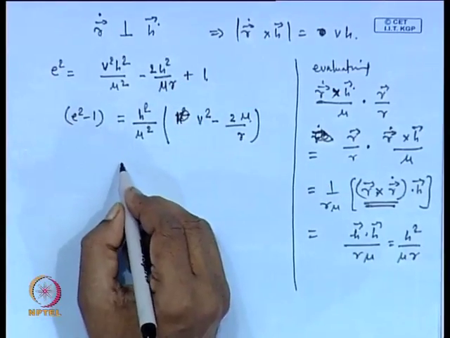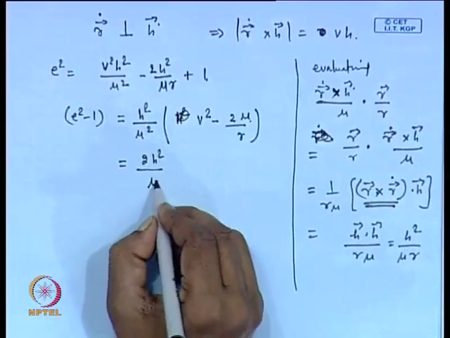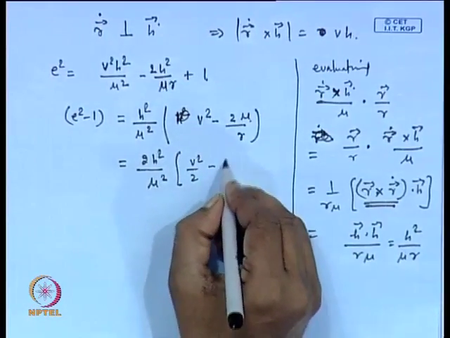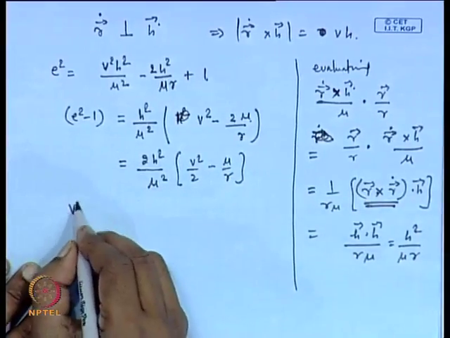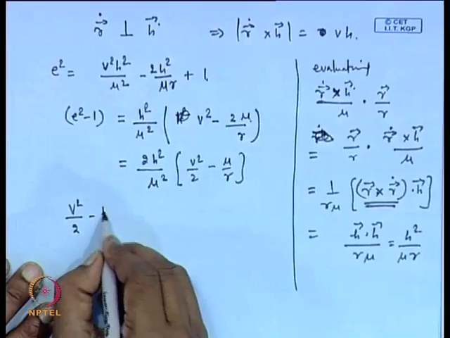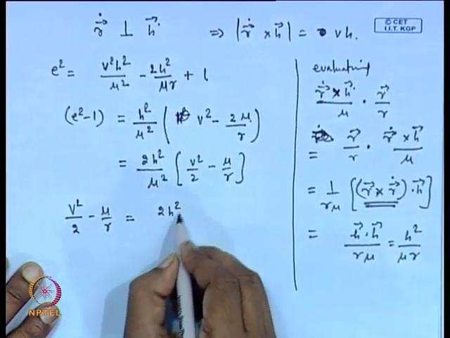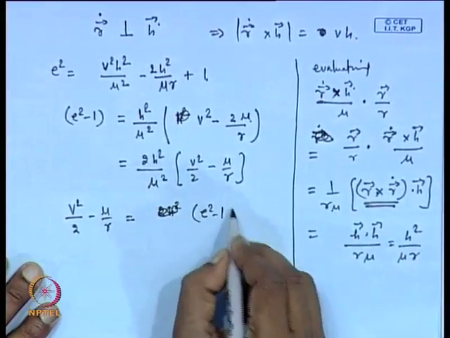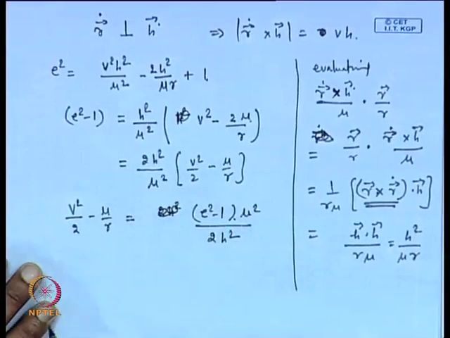Okay. So, if we take 2 further outside, this is 2 h square by mu square, and this becomes v square by 2 minus mu by r. Okay. So, we can write this as v square by 2 minus mu by r equal to E square minus 1 times mu square divided by 2 h square.